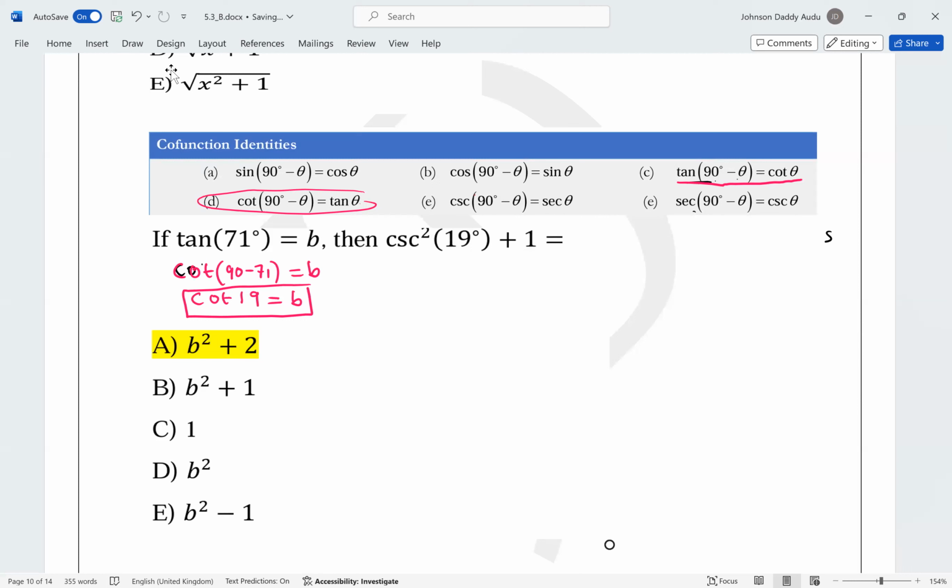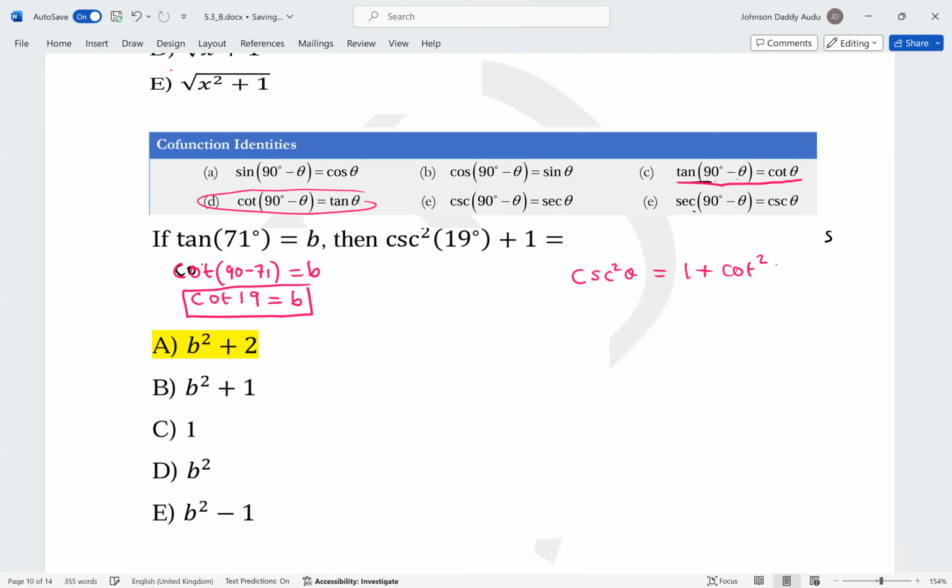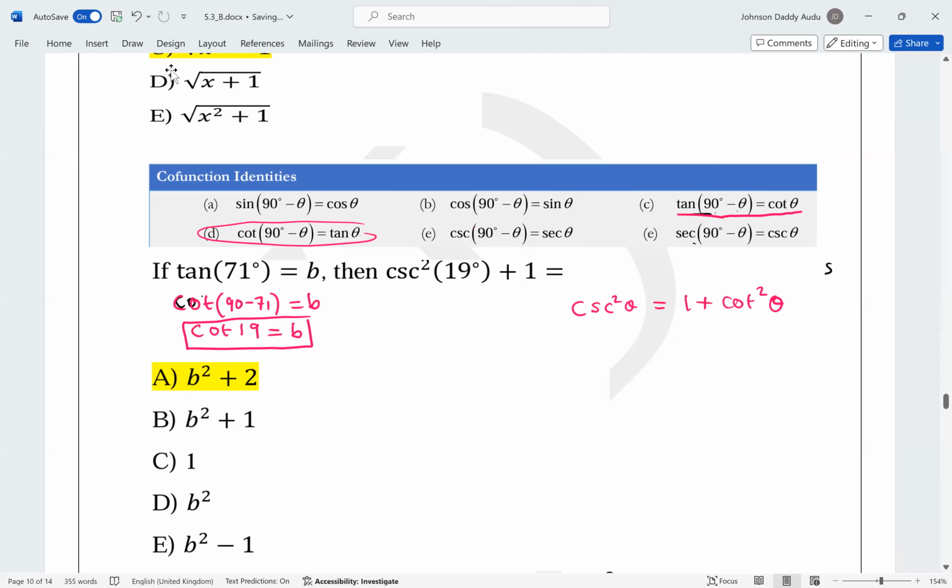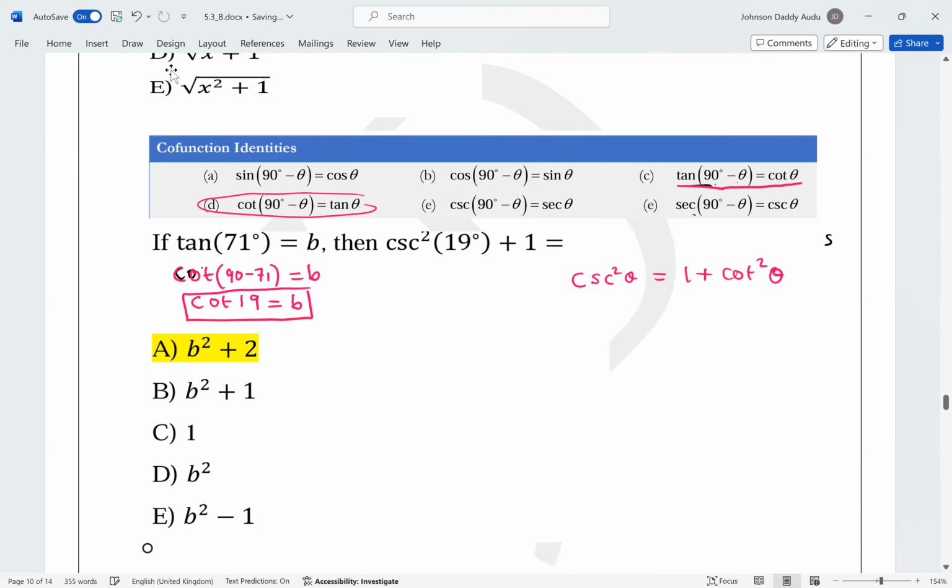But what do we know? We know that there is a relationship between cotan and cosec. Don't forget that cosec squared theta is nothing but 1 plus cotan squared theta, right? Or the other way around.